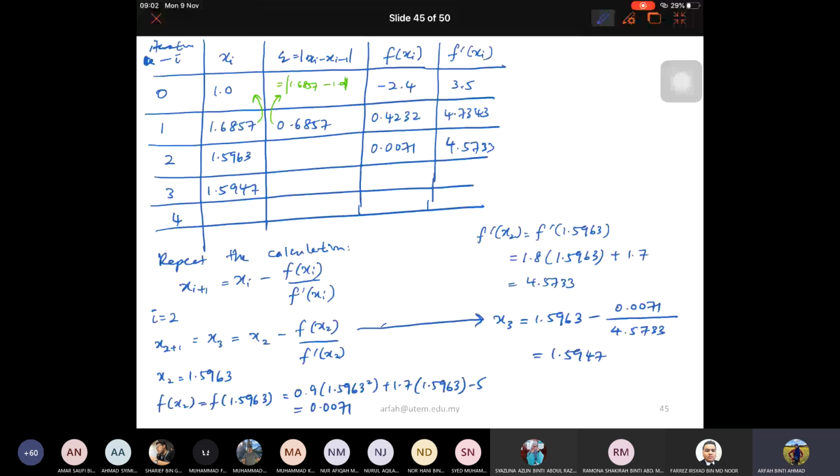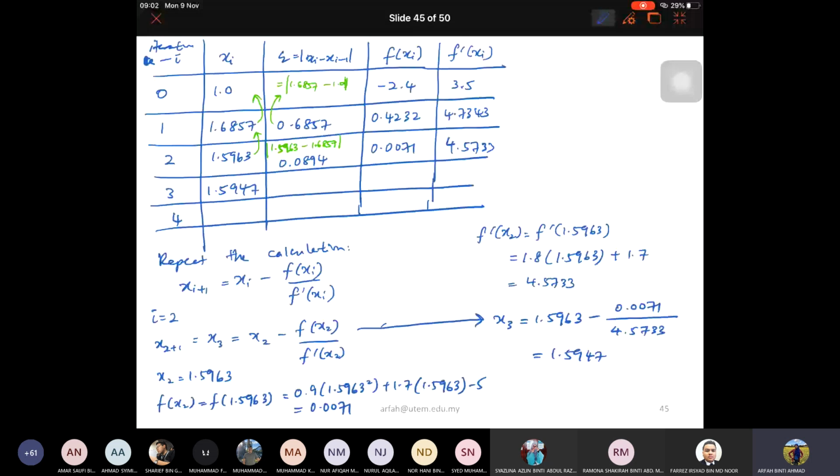So daripada sini awak kira error term this one akan sama dengan yang ini tolak yang this one. 1.5963 tolak 1.6857 taking the modulus. So akan dapat dia punya error sama dengan 0.0894. So masih tinggi sebab dia suruh berhenti sampai 0.001 kan.